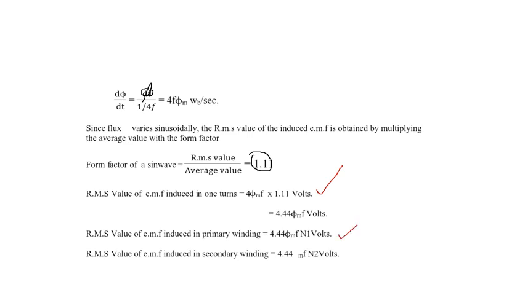Multiplying by N1, the number of turns, we can calculate the EMF in the primary, and similarly we can calculate it in the secondary using the number of turns N2.